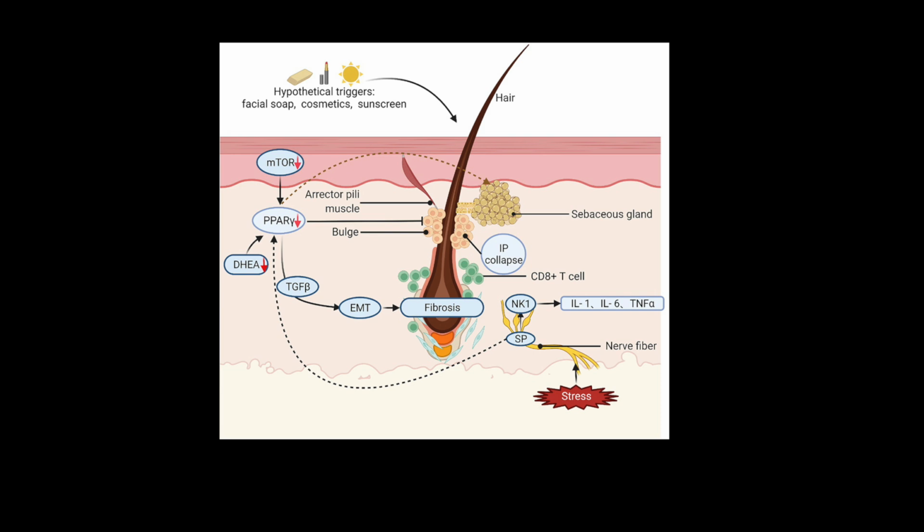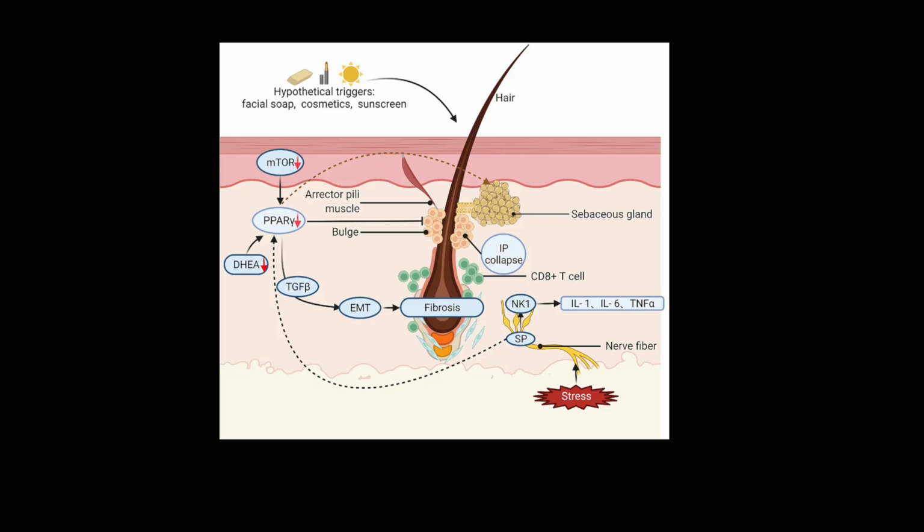Here we have an image which shows the pathway. Some triggers for this pathway can be soap, cosmetics, or sunscreen, but basically, mTOR then activates PPAR-gamma, which can attack the sebaceous gland. At the same time, a lot of stress can also cause this as well.